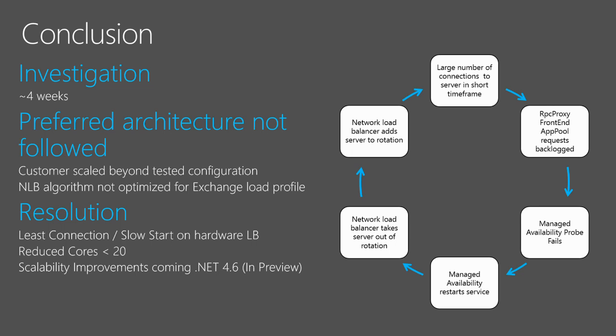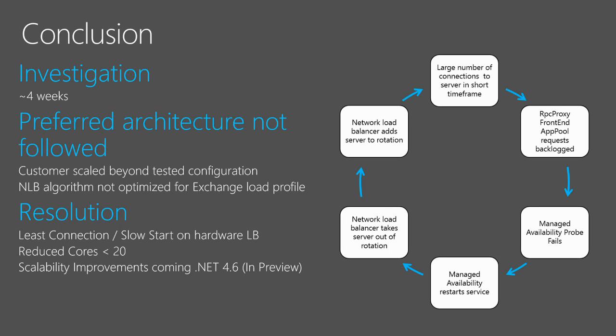I'm going to try to restore service to these clients as quickly as possible. By taking the process out of rotation, the network load balancer says, hey, you're offline, I'm going to stop routing connections to you. And as soon as that service is back up and running, the network load balancer, what did it do? It dumped a bunch of connections onto the box. And thus the cycle begins over and over and over again.